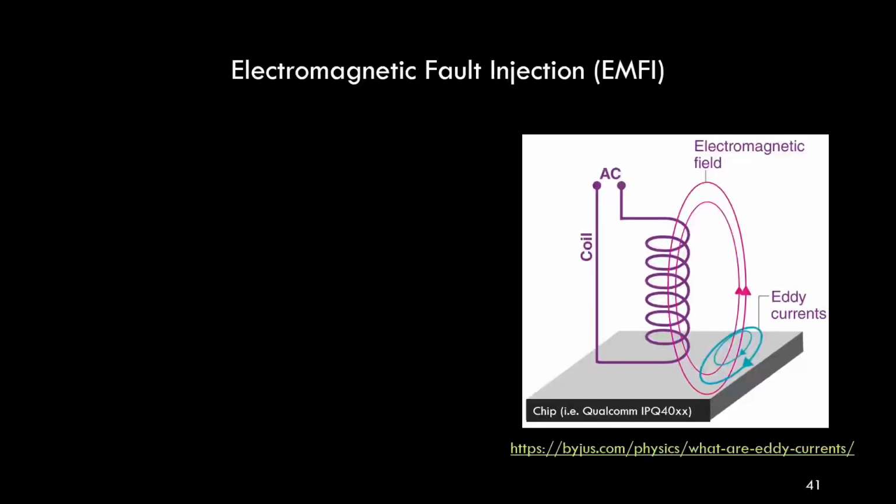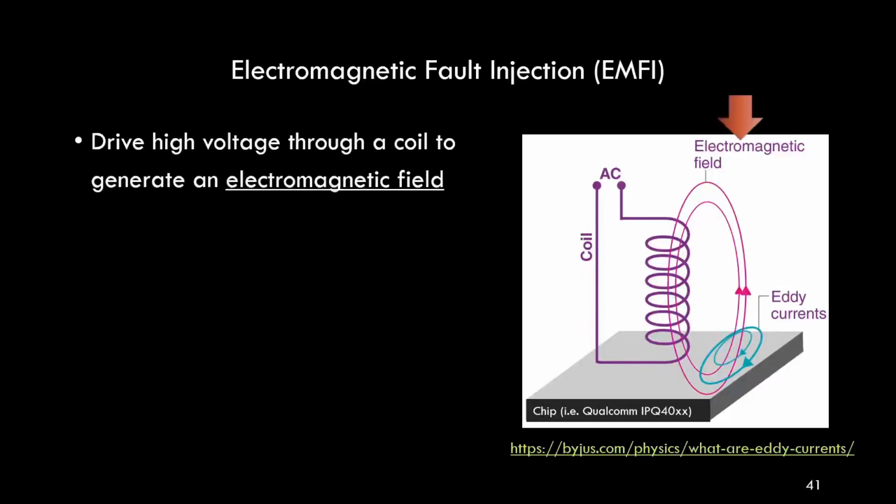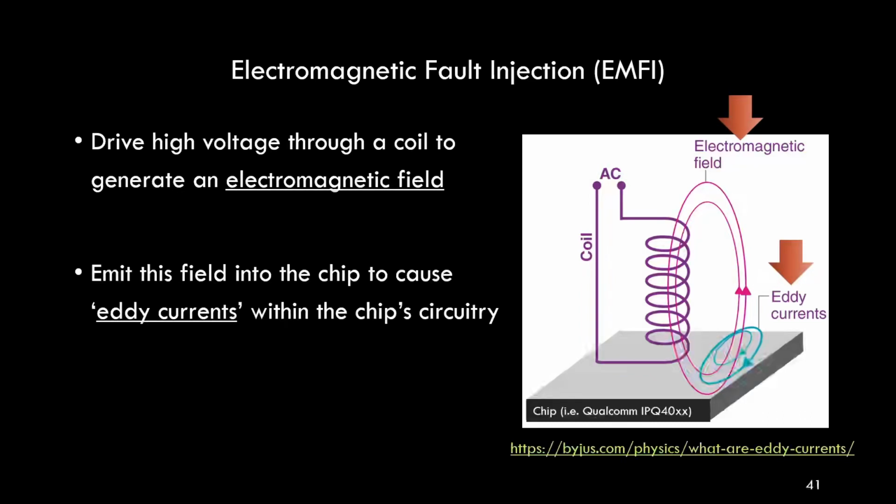So in this case, we are going to do electromagnetic fault injection, EMFI. It works by driving a high voltage through a coil to generate an electromagnetic field. The entire circuitry is visualized in the picture on this slide. And this electromagnetic field we emit into the chip's surface in order to cause eddy currents within the chip's circuitry.